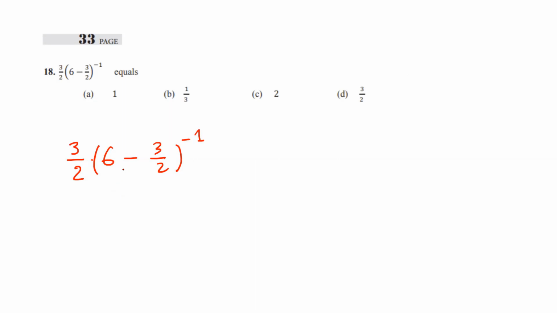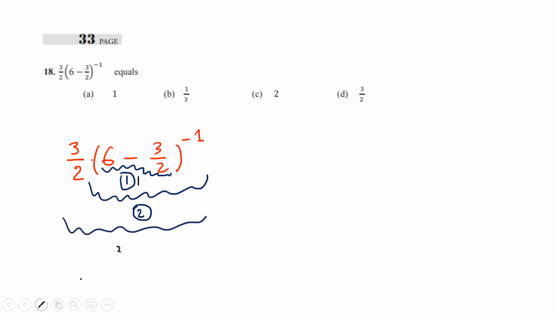So we need to apply the order of operations. What will be the order? First thing to do is to simplify inside the parentheses. Then to evaluate the exponent, and finally to do the multiplication.